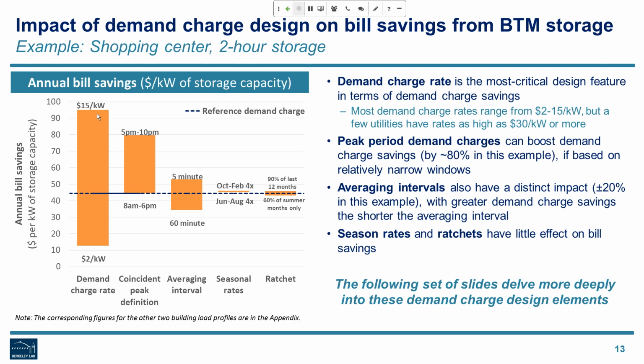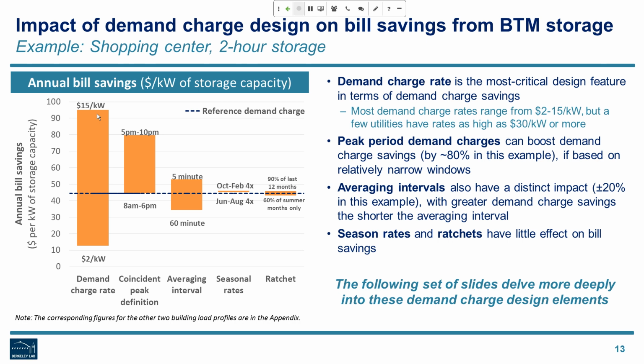There are a few that have higher demand charge levels, some as high as $30 per kilowatt or even more in some utilities. So, of course, in those cases, the value of annual bill savings from storage can be significant, and this really provides a strong incentive for adoption of behind-the-meter storage in those utility service territories where those demand charges are really high.